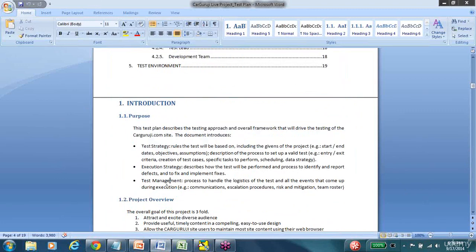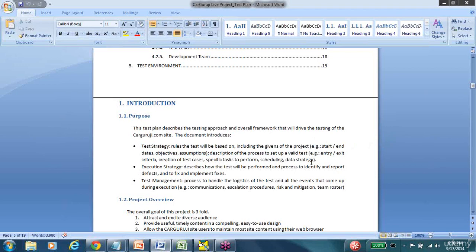So the purpose of the document here is something similar to what we've seen in the FRD document. It will give you an overall idea of how to consume this document, who it is written for, and what you will find in here. It will tell you that there is a test strategy, that is, how you are going to test it, start and end. So a description of the process to set up a valid test.